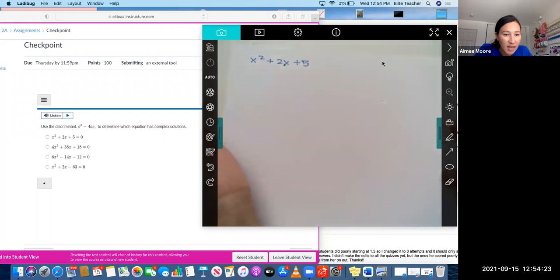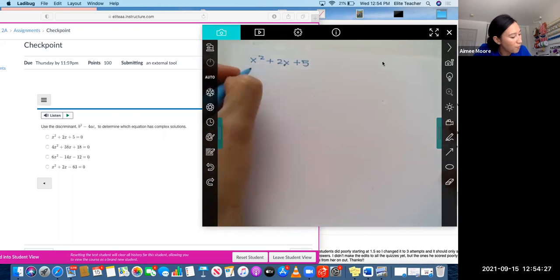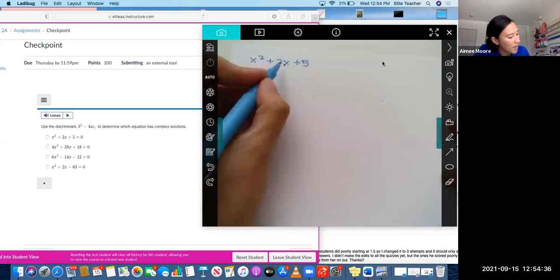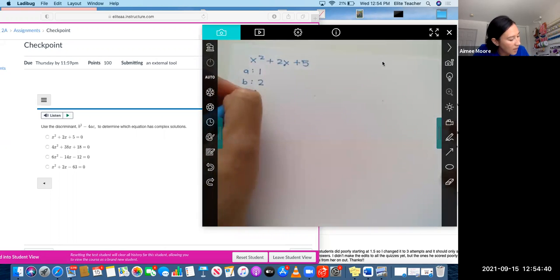To determine which equation has complex solutions, first we need to identify a, b, and c. A, remember, is the number in front of x squared, which would be 1. B is the number in front of x, which is 2. And c is the one without an x, which is 5.